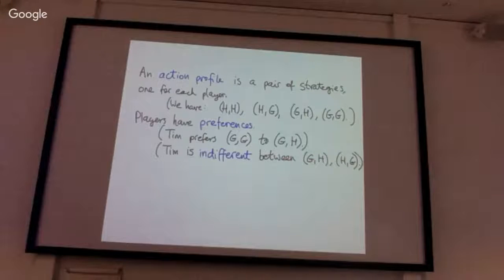So he would actually prefer looking in the house and losing to looking in the garden and losing if it's raining. That's an example. But we're assuming that we know these preferences, we know the preferences of both players.